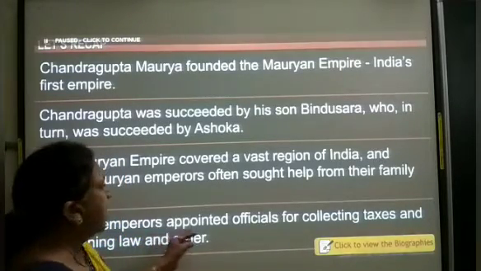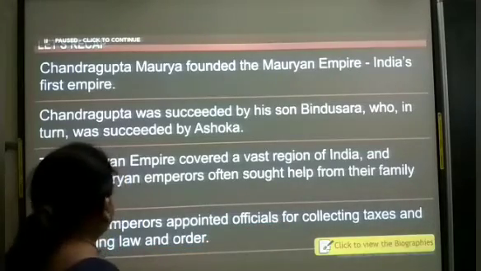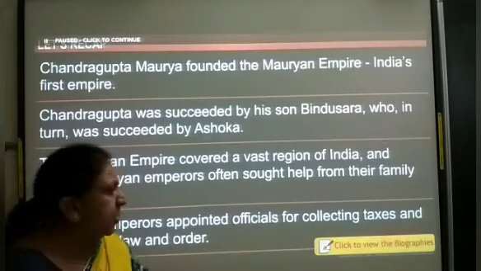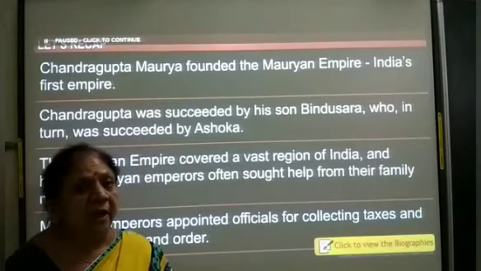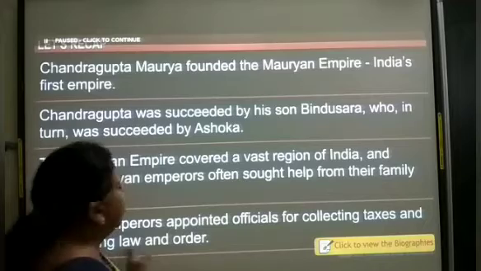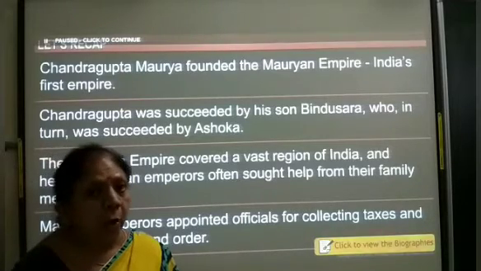So the Mauryan Empire appointed officers for collecting taxes and maintaining law and order. They maintained officials, some for collecting the taxes, and others for maintaining law and order.